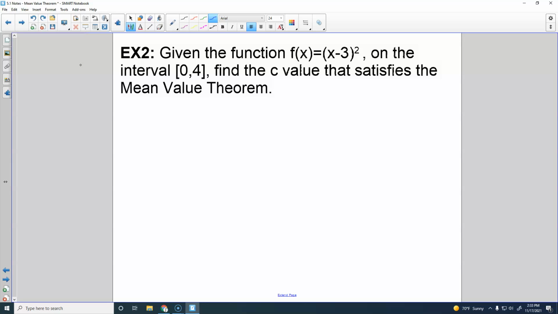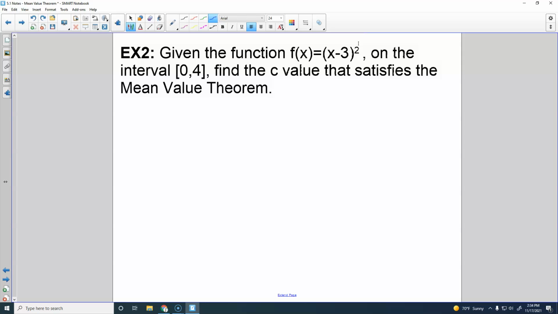So for it to apply, as long as the function is continuous on the closed interval from a to b and differentiable on the open interval, then the mean value theorem is going to apply. Mean value theorem applies to every continuous and differentiable function. So x minus 3 squared is continuous everywhere. It's also differentiable everywhere.